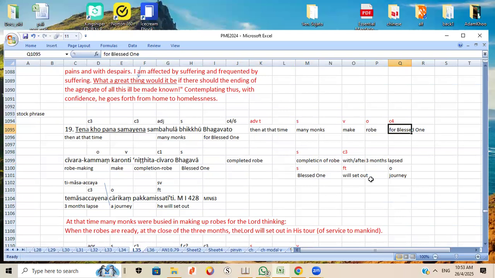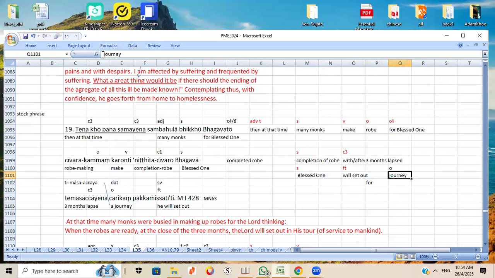The last one will set up, will set up for it. So in order to join this, you see that this is an object. Normally a dative will be for a journey. In this case, I did not put the word for, but in English this will sound better: the last one will set up for a journey. You get what I mean?